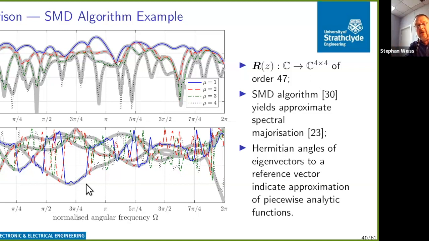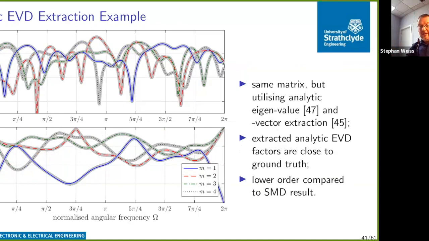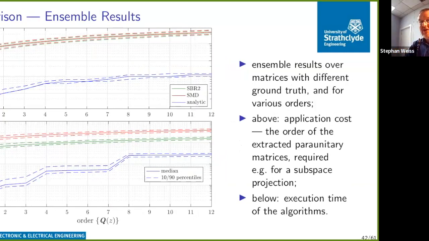If you compare this now to what the analytic eigenvalue extraction algorithms do, then on top you have the eigenvalues, so they follow the ground truth, and the eigenvectors are smooth as well. The result of this is that the approximation of these smooth functions is, of course, much easier to do. For a moderately dimensional problem, you see on the horizontal axis the order of the ground truth eigenvector matrix that we know, and we compare to that the decompositions that we get.